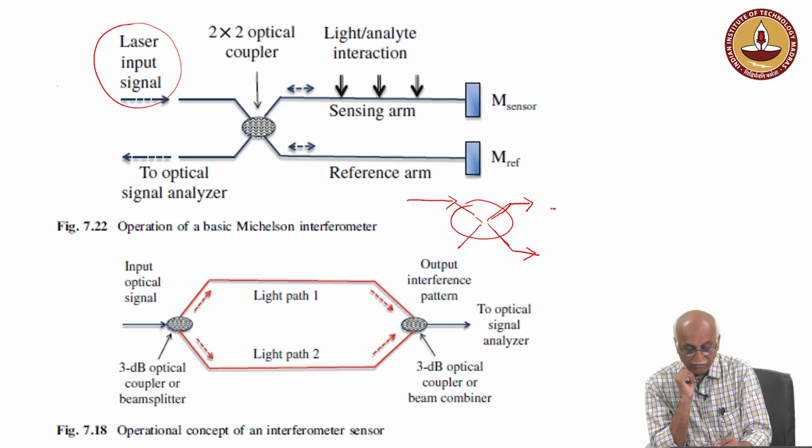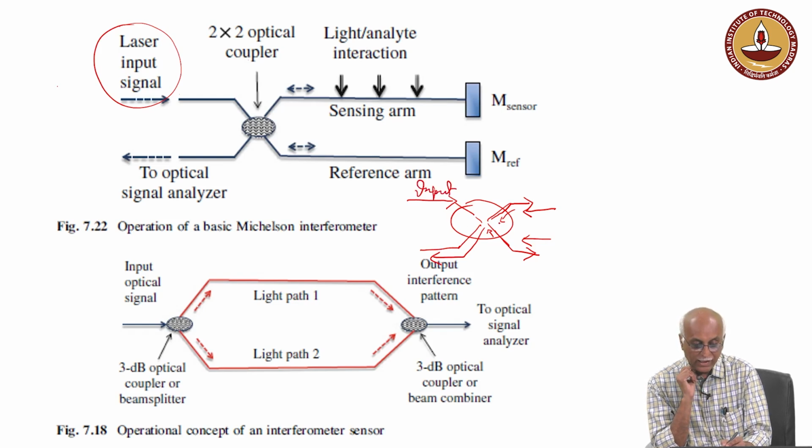And when the reflected light comes, it will get coupled to this arm. So, input is from here, and the 2 by 2 coupler allows the light input to get divided into 2 arms, the L1 arm and the L2 arm.